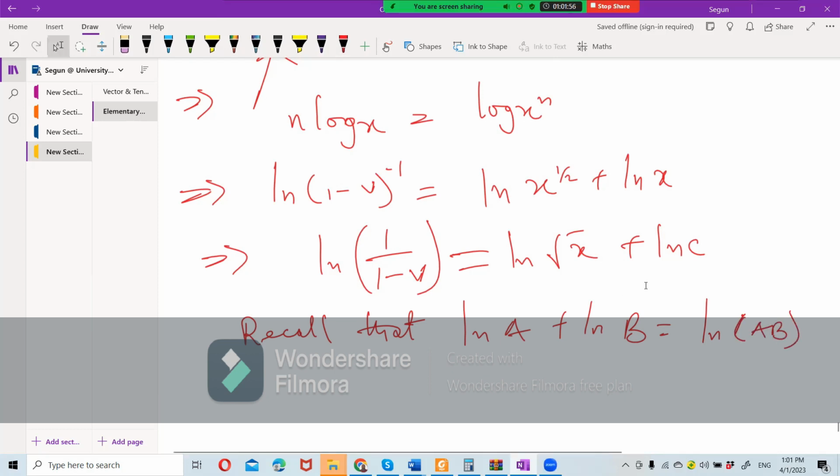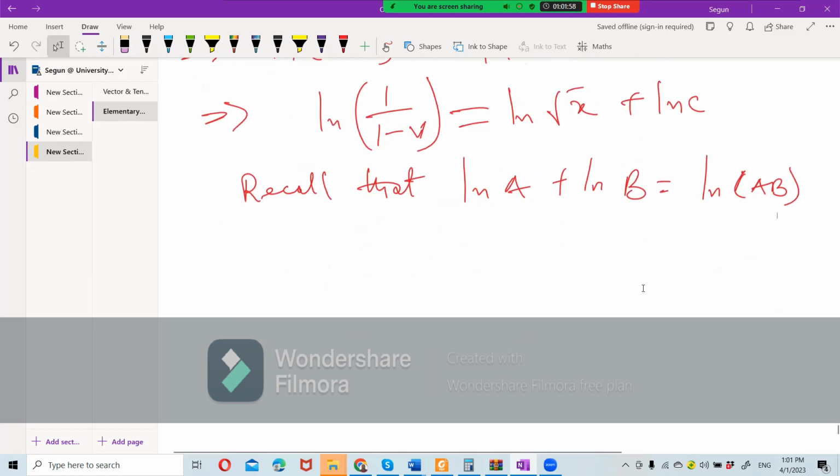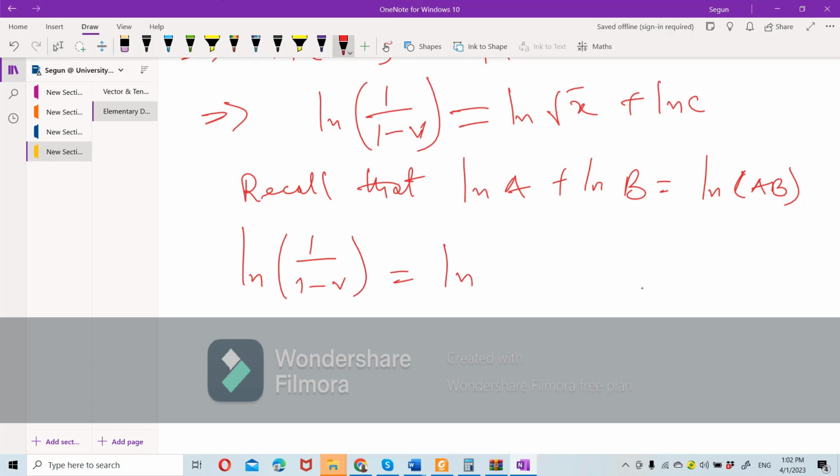So once you know that, then we can proceed by saying ln 1 all over 1 minus v equals to ln, this is multiplication, c is c. Whatever you use to multiply it is still c. So this goes with this. So I have 1 over 1 minus v equals to c square root of x.